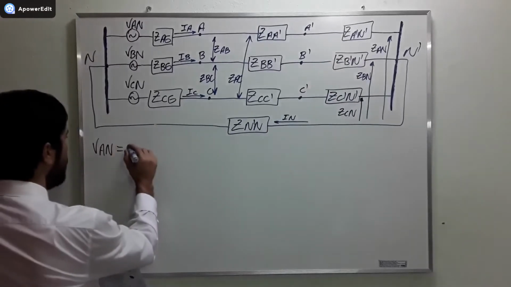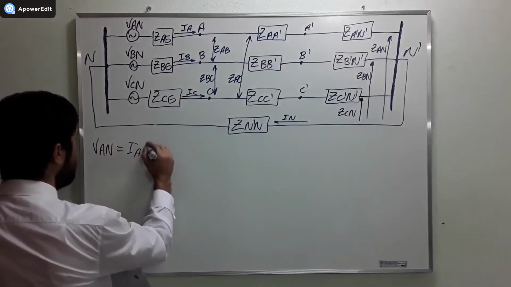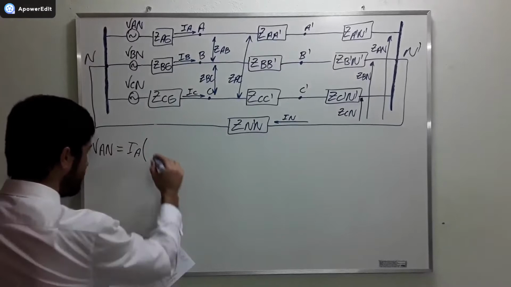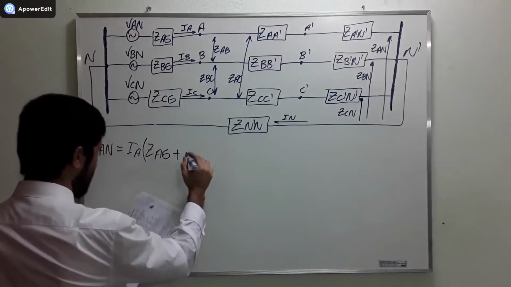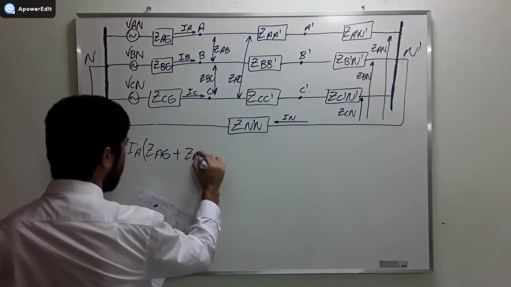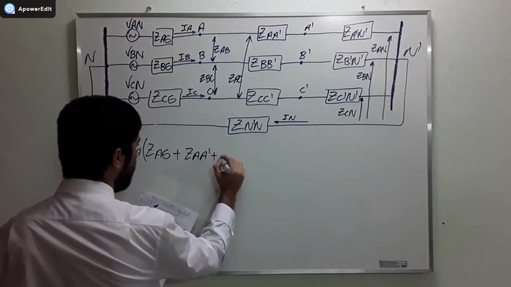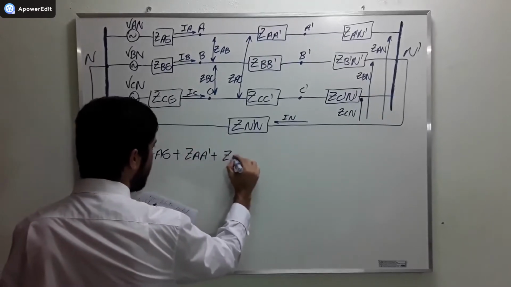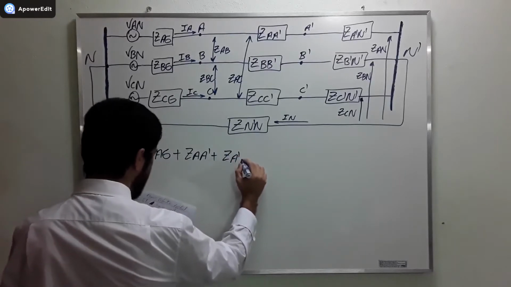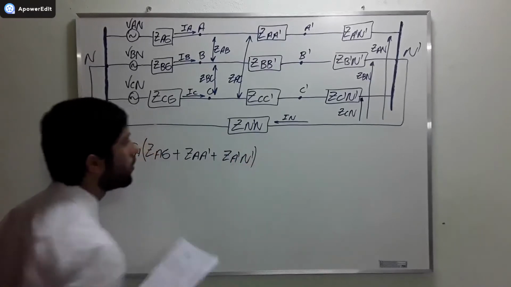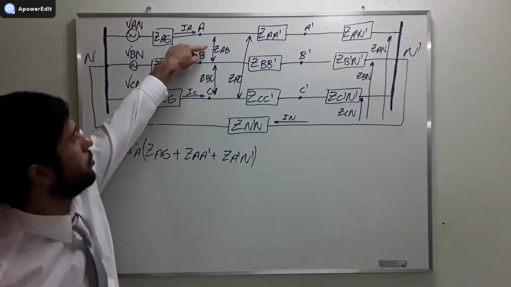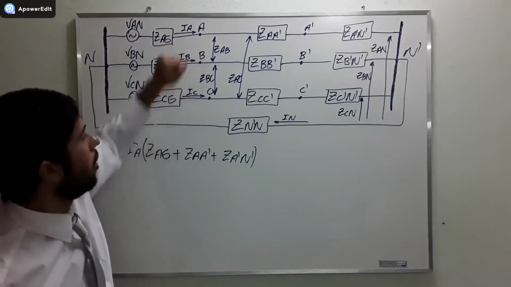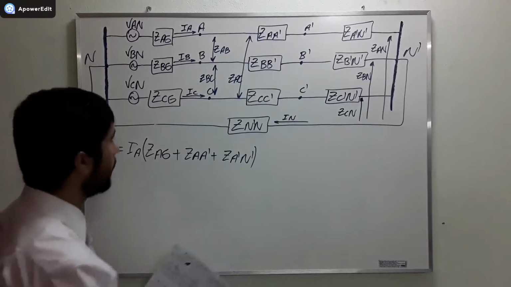So, we write it: IA times (ZAG plus ZAA' plus ZA'N'). Okay, now we have to compute the influences of the mutual coupling.